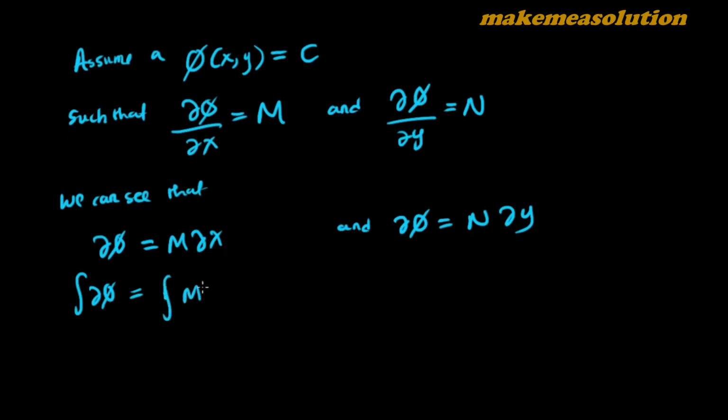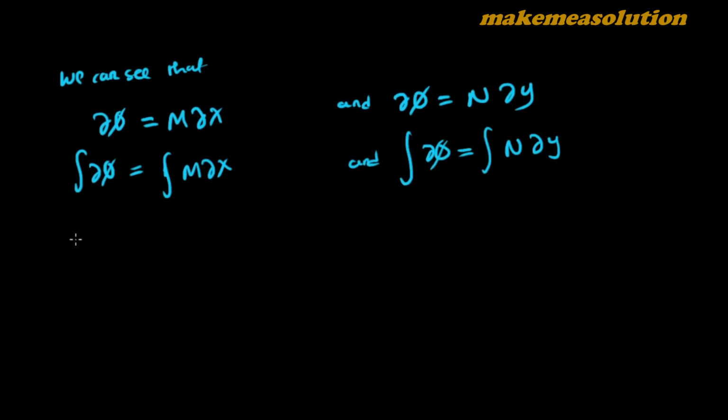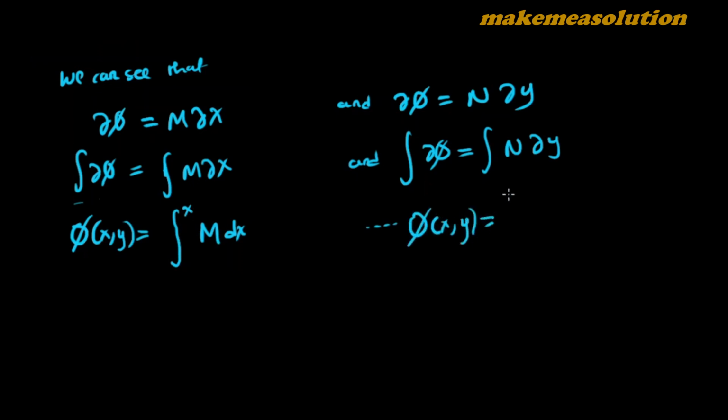the integral of del phi is, let me say, the integral of M del x and the integral of N del y. So there will be some transformations here. This particular left hand side becomes phi of x comma y, and this becomes an integral with respect to x, then M dx, and this particular one becomes phi of x comma y is equal to an integral with respect to y, N dy.